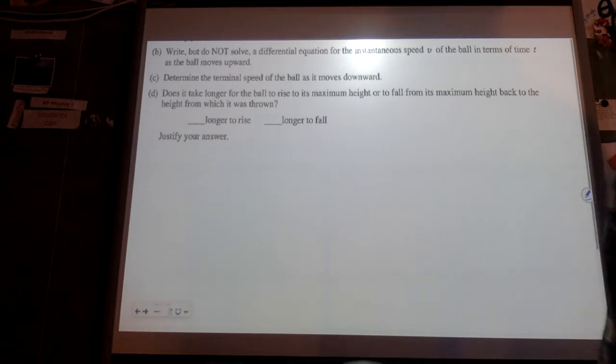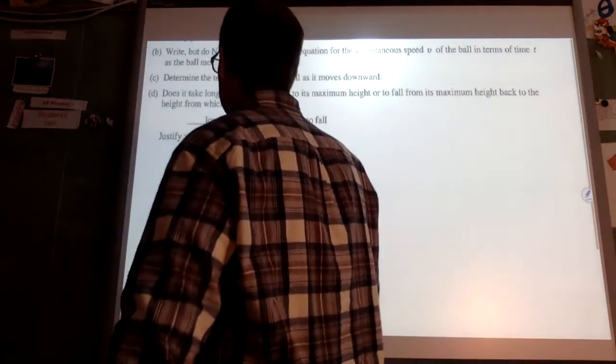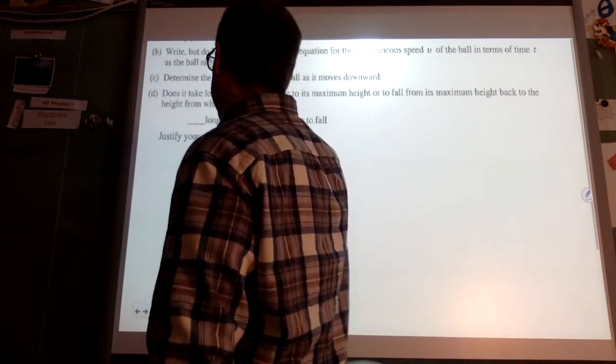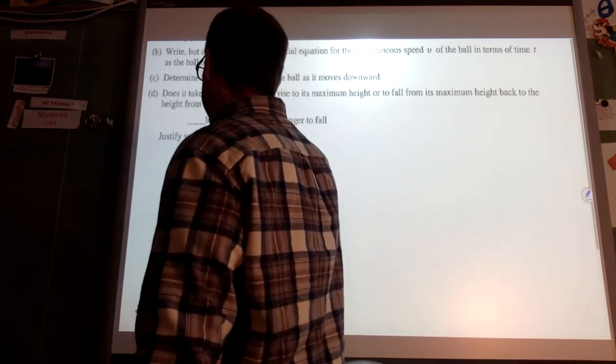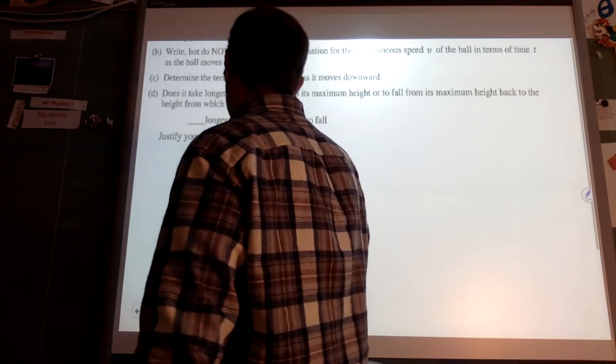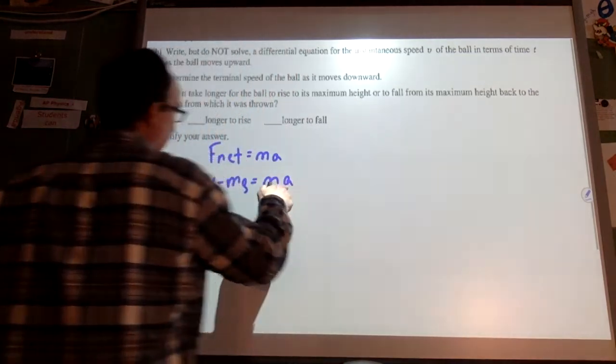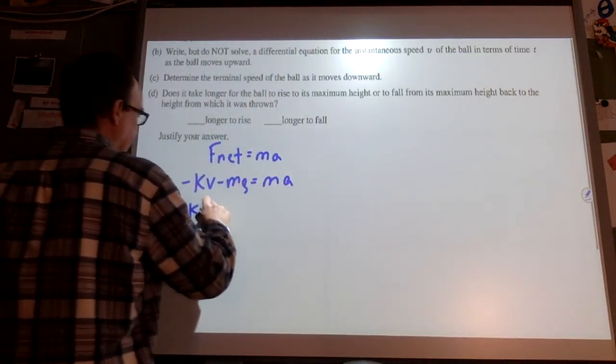Write but do not solve a differential equation for the instantaneous speed of the ball v in terms of t as the ball moves upward. All right, so we're saying that F net equals ma, and minus kv and minus mg is equal to ma. I'm going to rewrite a as dv/dt.